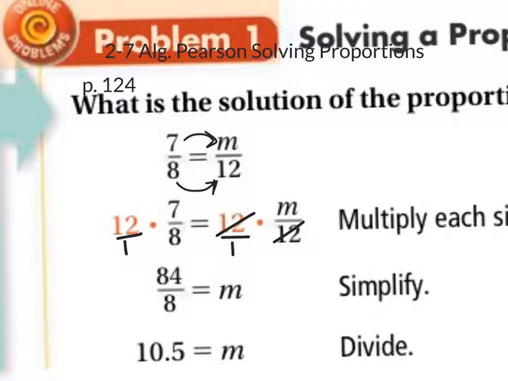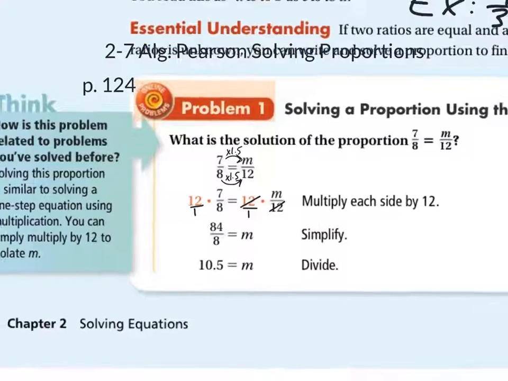We know going from 8 to 12, it's either multiplying by 1.5 or dividing by 1.5. Well, it's getting bigger, so we'd be multiplying by 1.5. And then 7 times 1.5 would be 10.5. So that'd be a different approach. Again, if I don't have a calculator, I'm probably just going to do what the book does. But if you do have a calculator, that's another option for you to consider.